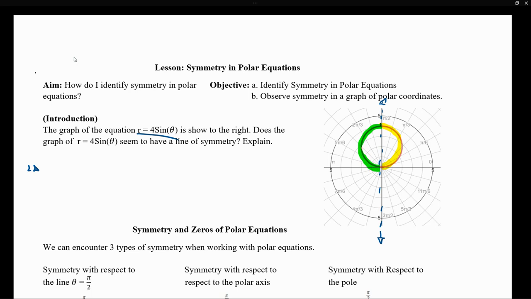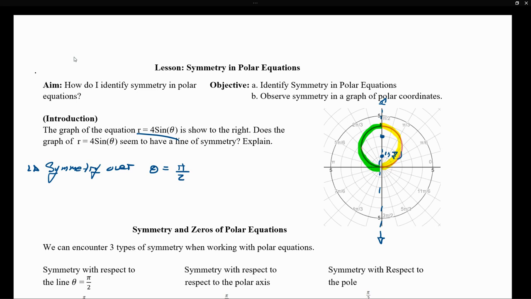In this case, the way that we're going to define this line is by saying the angle pi over 2. Notice that this line can be represented as whenever the angle is equivalent to pi over 2. If I choose any point on this line, this point can be seen as 1 comma pi over 2, because it is exactly 1 unit away and the angle is pi over 2.